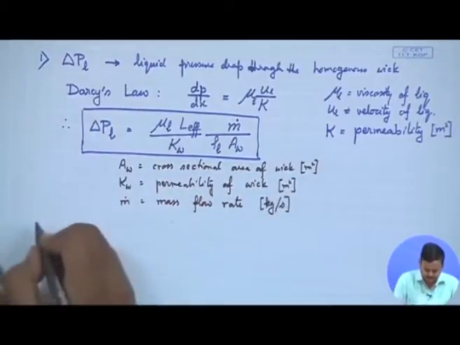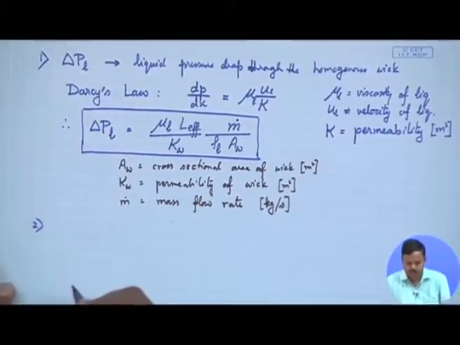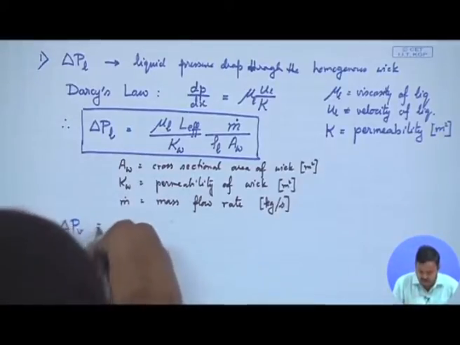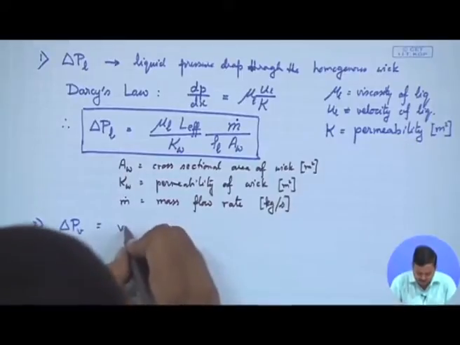Let us box it. Next one we are going to call is delta PV. What is delta PV? So, that is the vapor pressure drop.